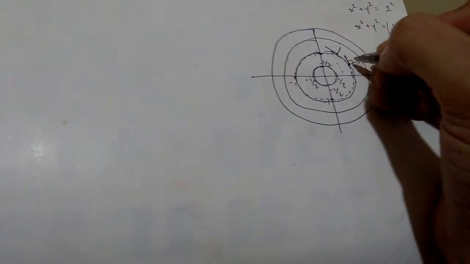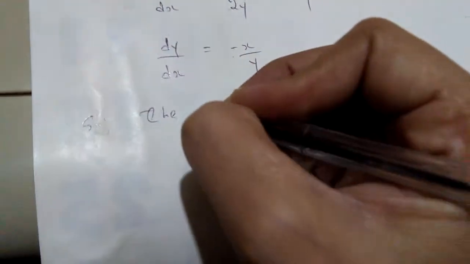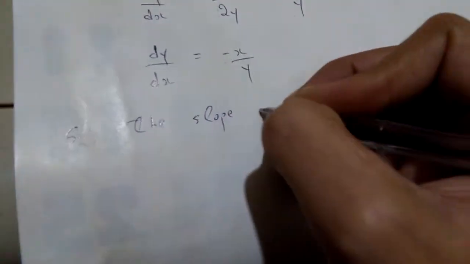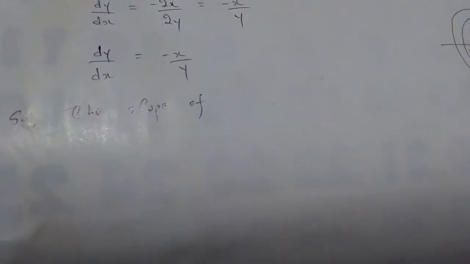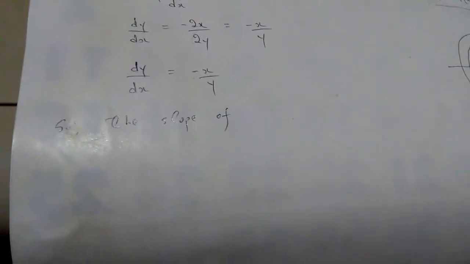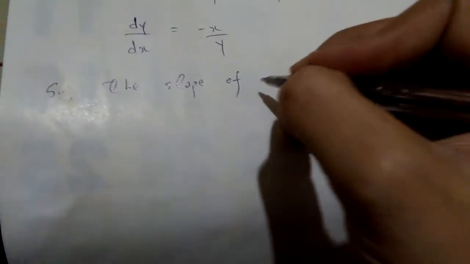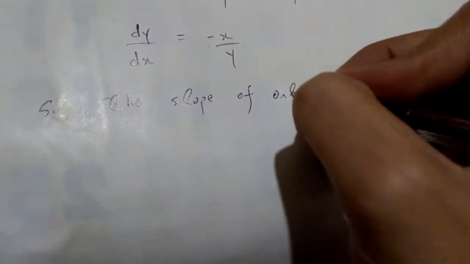So the slope of the tangent of the orthogonal trajectory curve, or you can directly say the slope of the orthogonal trajectory, means the same thing.